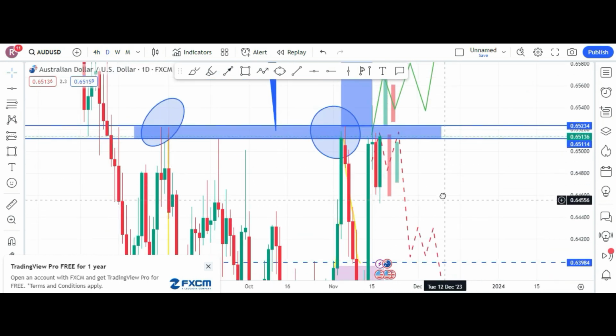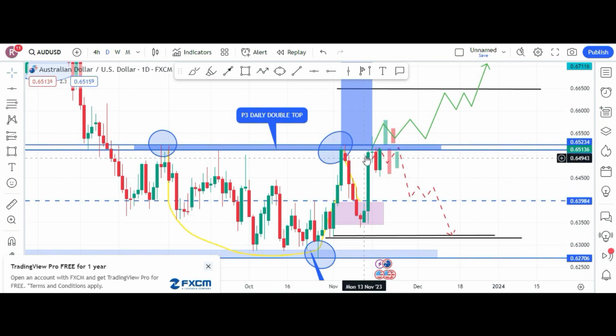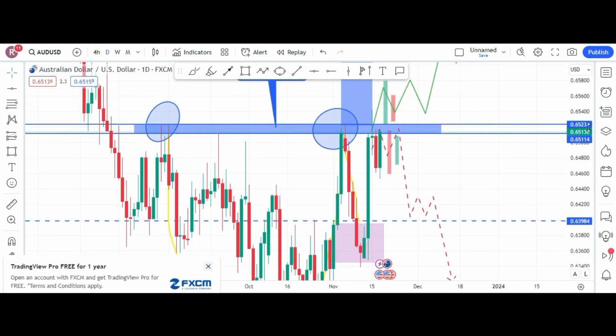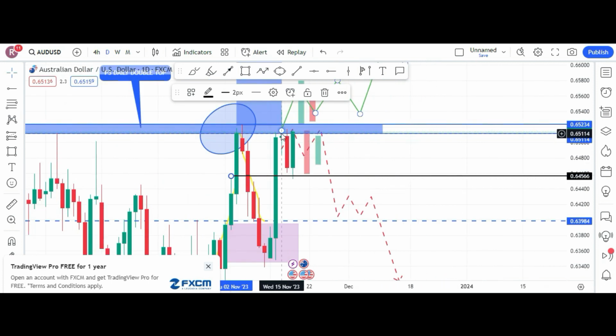This has already taken out almost 50% of this candle's fair value gap, and at the same time this zone has been tested. Let me show you that we have a very good lead here, which is this guy. This area has been tested, so the probability on the downside is less right now.